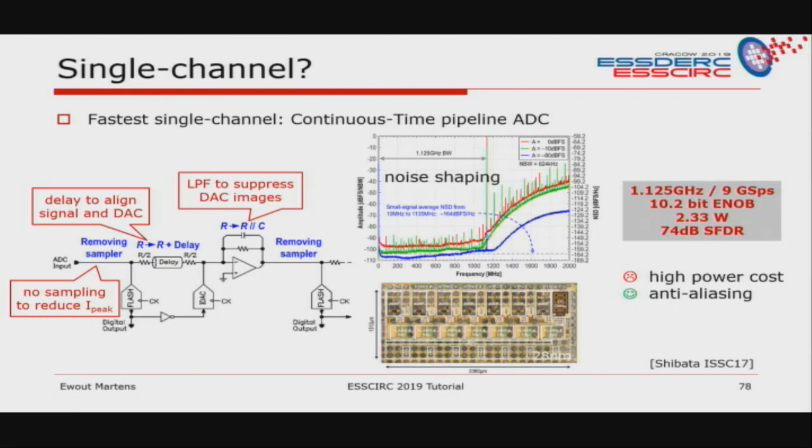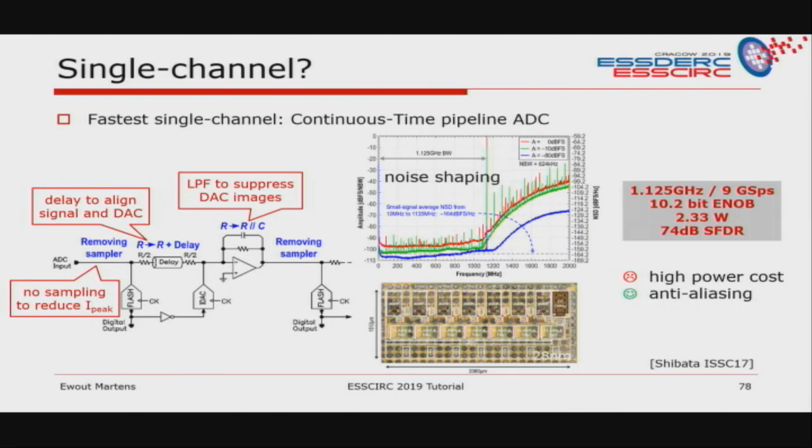You still do a flash and you still do a DAC feedback, but then you need some delay to align the 2 phases with each other. And you replace the amplifiers with low-pass filters to filter out images from the DAC. You also need oversampling because you get noise shaping in this case. But you can achieve more than 1 gigahertz and more than 10-bit ENOB, but also for a quite high power cost.